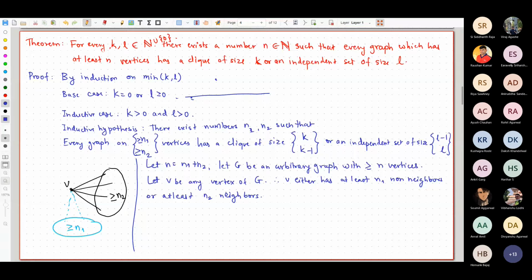Right, and then you continue. So let's call this case 1.